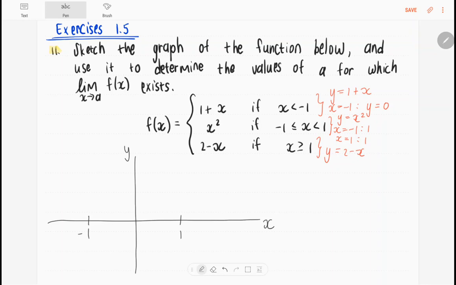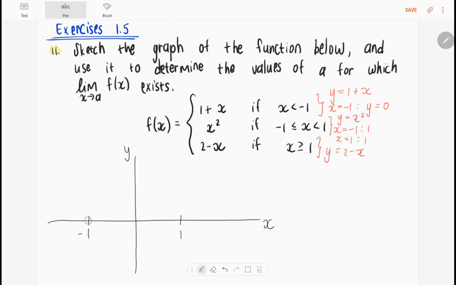So let's now start drawing our functions. Firstly, 1 plus x. 1 plus x is simply a straight line. We know that it takes on the value of 0 at minus 1, and we know it has a y-intercept at 1.